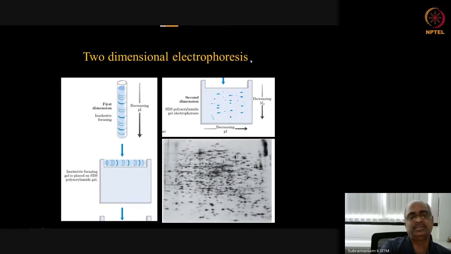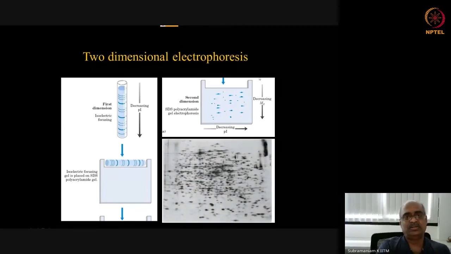The first dimension, separation, is based on pI, and this method is called isoelectric focusing, and the second dimension is based on molecular weight, and that is SDS-PAGE. So this isoelectric focusing coupled with SDS-PAGE is what we call two-dimensional electrophoresis. This technique is very powerful in separating protein molecules.